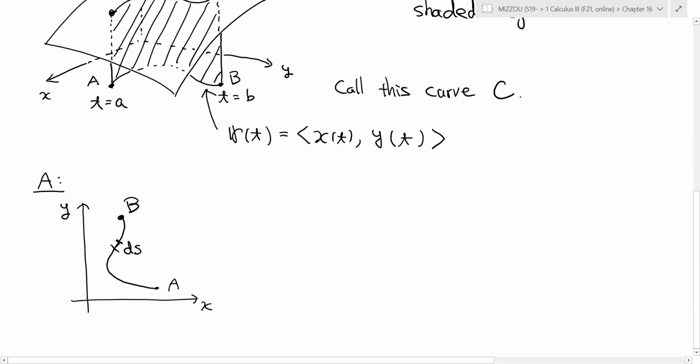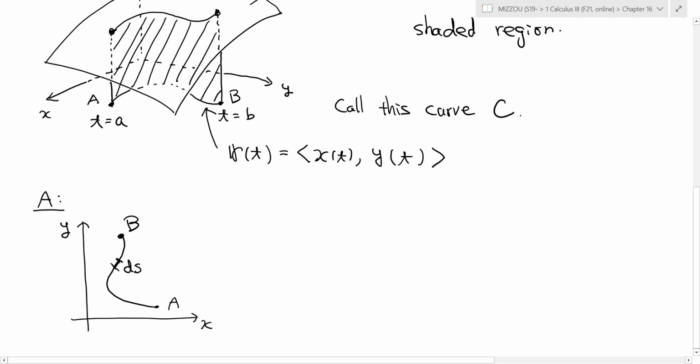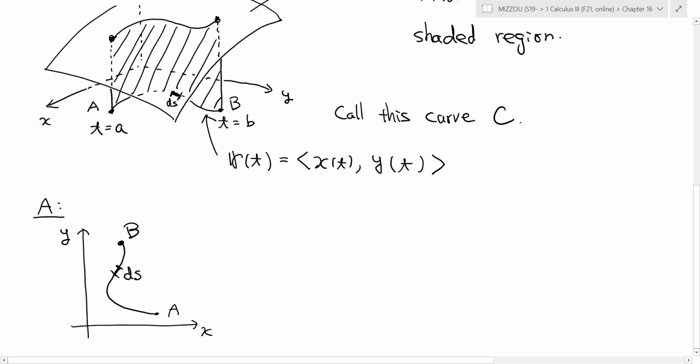Then for each ds here, so ds is somewhere around here, if you look above, you will see a thin rectangle. Like this.